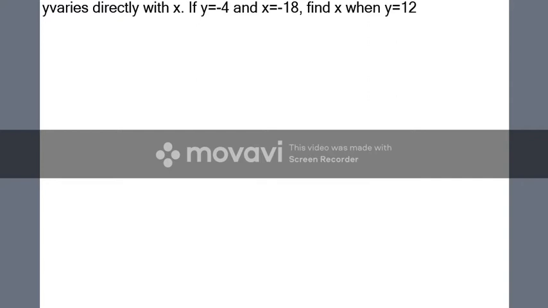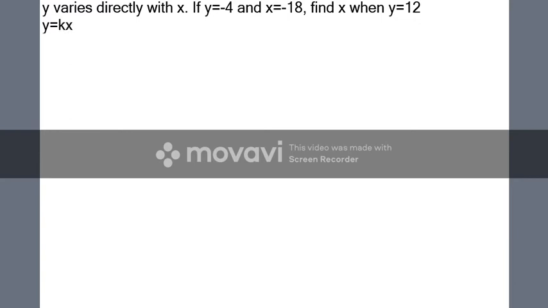So from here, what do you automatically see? Y varies directly with x. So immediately we know, again, y equals kx. From here we do the same. This is exactly like the question before, except for different numbers, and we're trying to solve for x instead of y. So let's do the same steps.